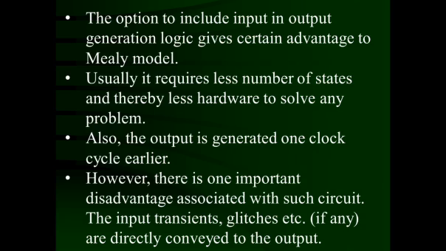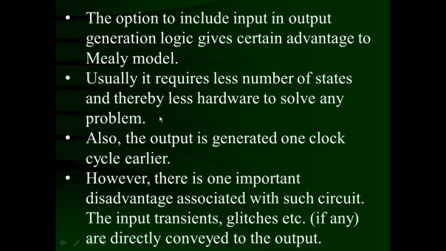We'll see in future examples that in a Moore model 4 states are required, and because of that the final desired output comes out only after 4 clock pulses. But in a Mealy model only 3 states are required, and after 3 clock pulses the final output is generated for the same problem.